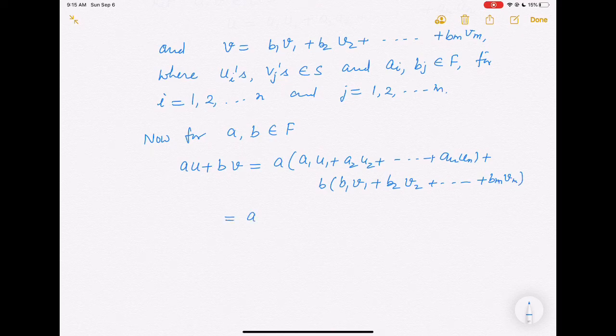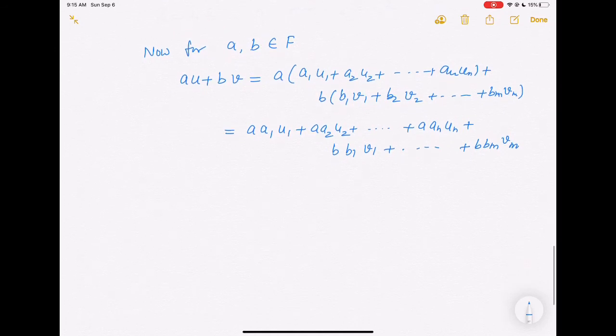So it is a·a1 u1 plus ... plus a·an un plus b·b1 v1 plus ... plus b·bm vm.